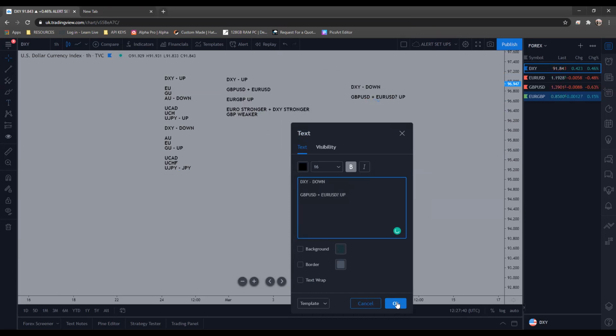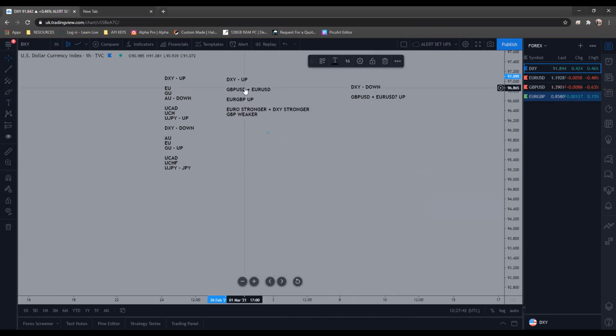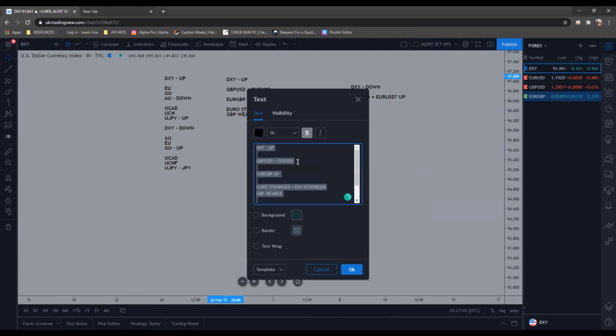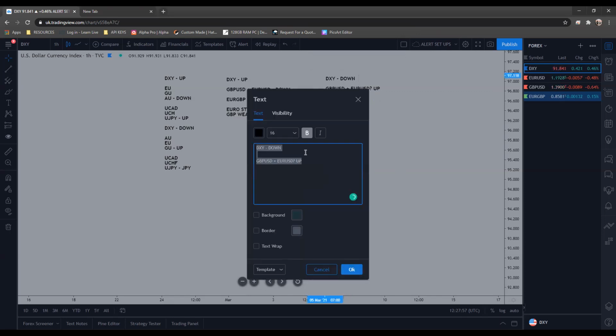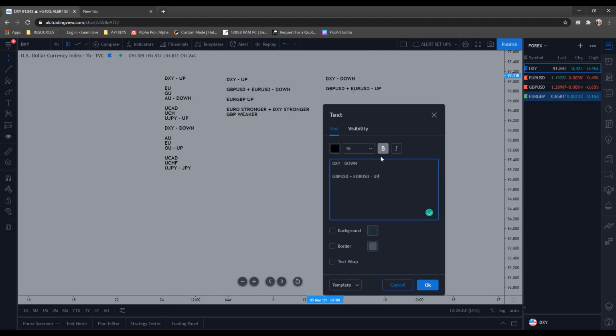Okay, so we just drop that there, and I'm going to drop this here. Euro USD up. You got that going up, yes? Perfect. So if dollar's going down, GBP USD and Euro USD should be going up.